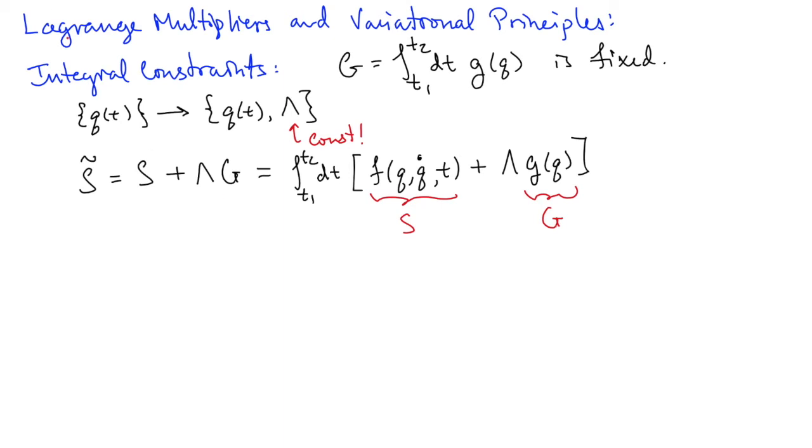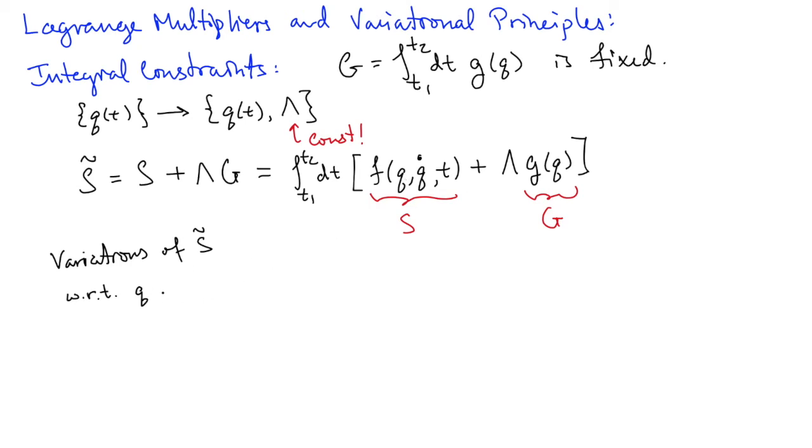Okay, so now let's consider variations, and I mean our first order variations of this s tilde. The first is going to be with respect to q, so it's going to be variations in the function q and q dot. Well, the answer to that is the one we already know.